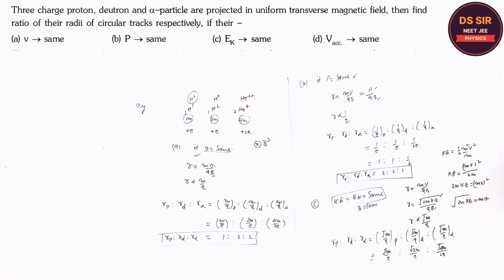So this is equal to 1 : √2 : root 4 upon 2, that is 1 : √2 : 1, because root 4 is 2. This is the ratio, right?